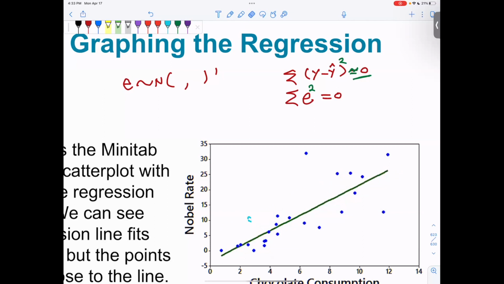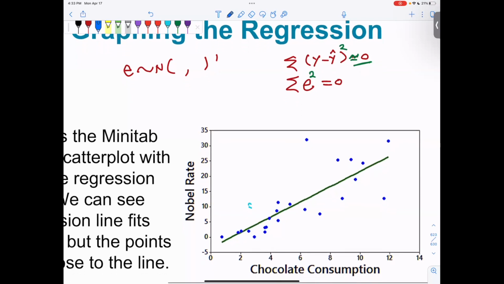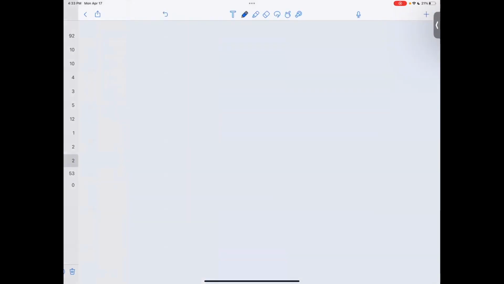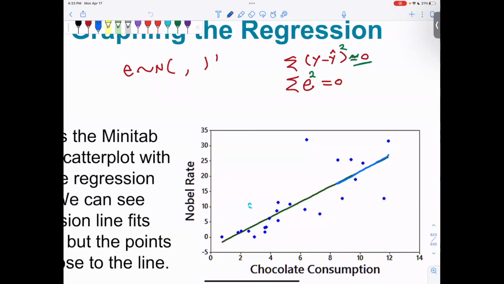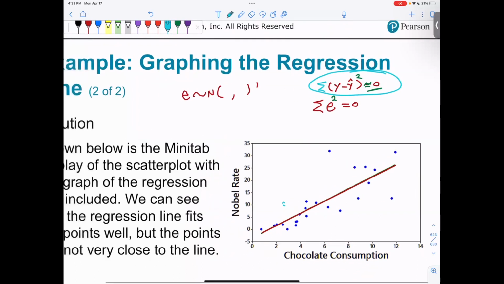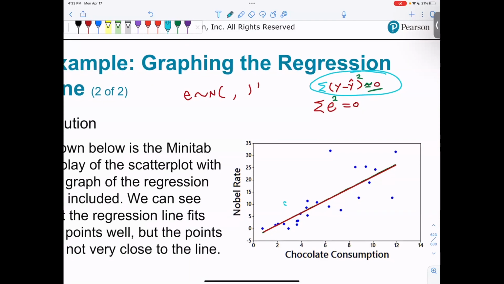And this line will make this summation as small as possible. So we cannot get a smaller value of squared error from any other line.